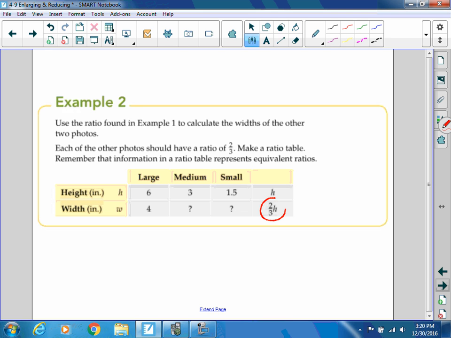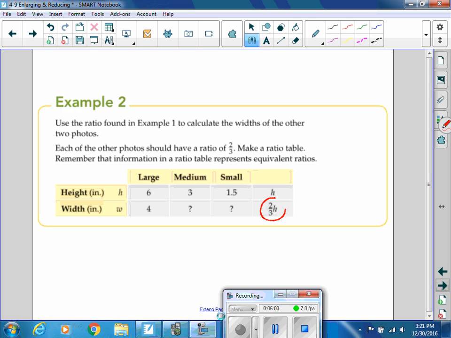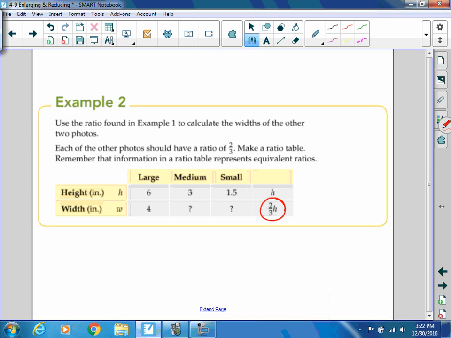All right, so what that means is that the width equals 2/3 h.